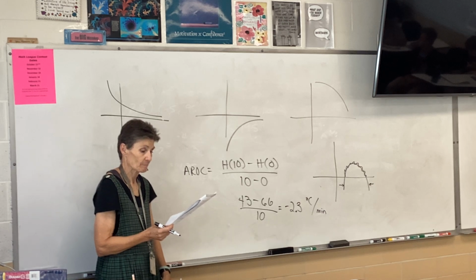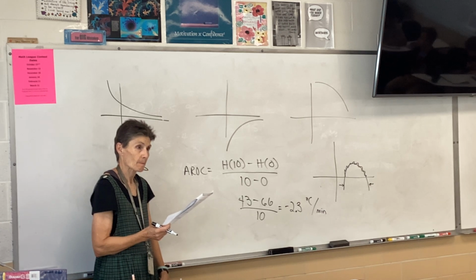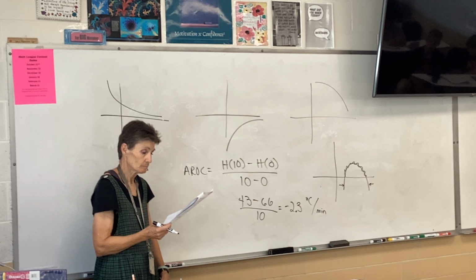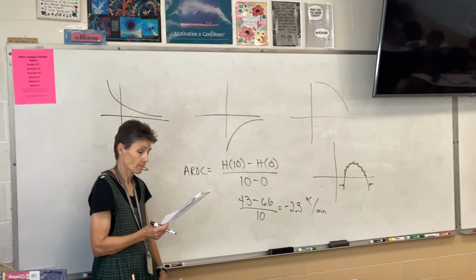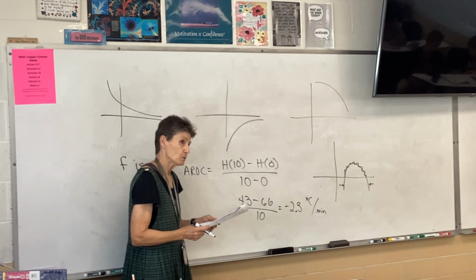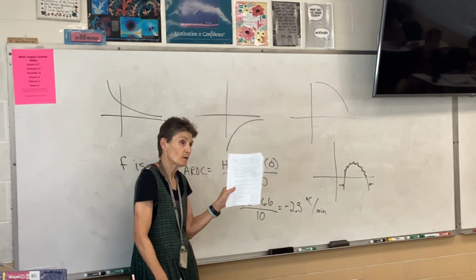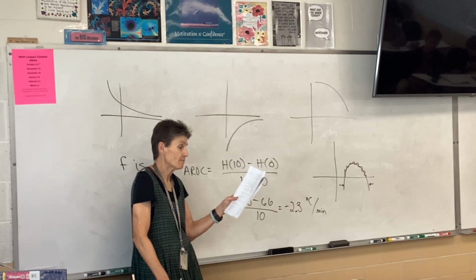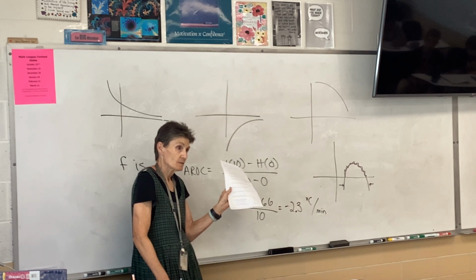Could you find the rate of change at 3.4999 like the one that we did first? How would you do that though? Because we don't have an equation. Right, Julie? I think all we have is that chart.